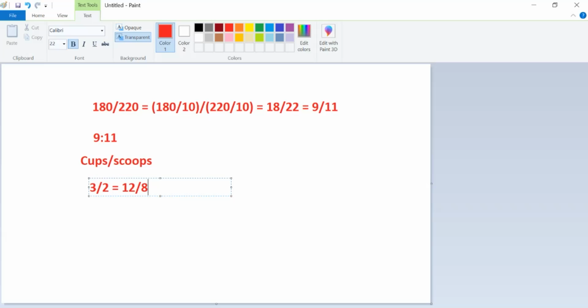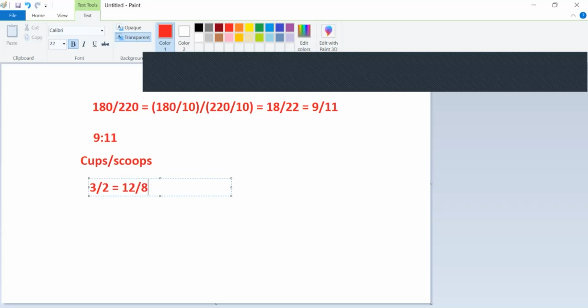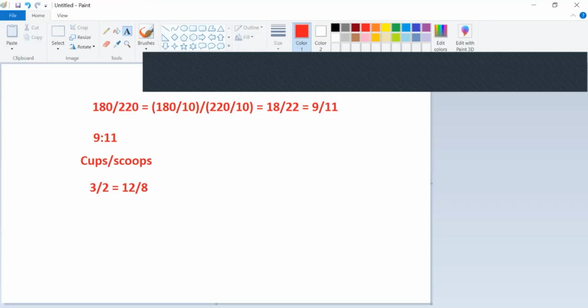They're saying use the cross product to determine it. Multiply this 3 by this 8 and see if that's equal to 2 times 12. You have to understand why you can do this.